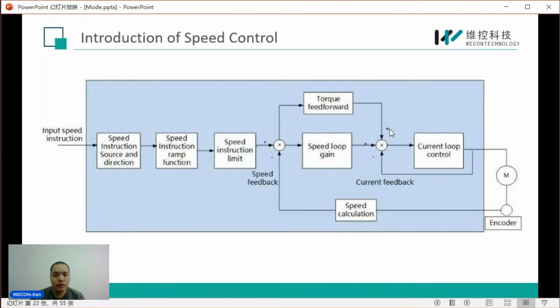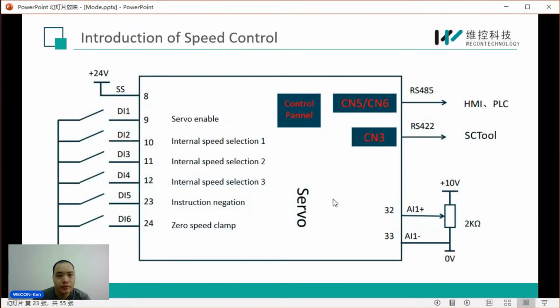It is also a 3-loop control mode. We can see this control method affects the speed loop, different from position control. Here is a simple wiring picture.